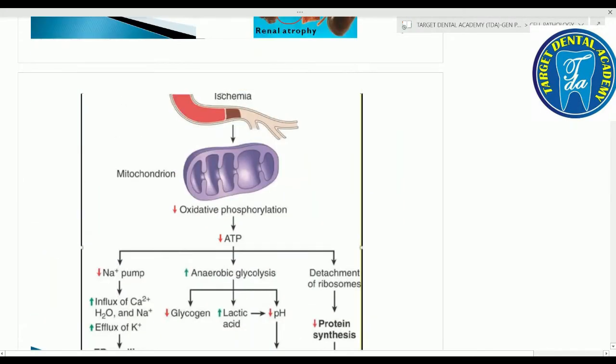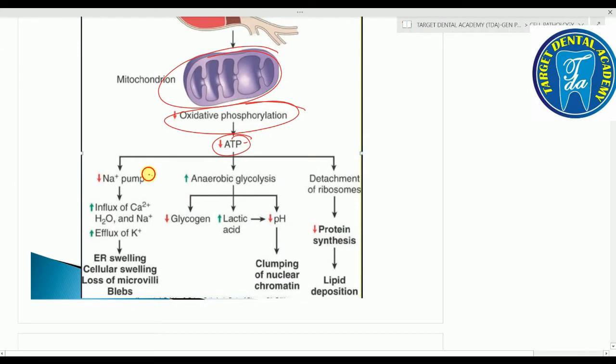Now after this, see, this is ischemia, and this is the mitochondria in which there is decreased oxidative phosphorylation, which results in decrease in the ATP. Now from this, it leads to 3 conditions. Number 1, there is decreased sodium pump, which leads to increased influx of calcium, H2O and sodium, and increased efflux of potassium, which leads to the ER swelling, or the cellular swelling, or the loss of the microvilli or the blebs.